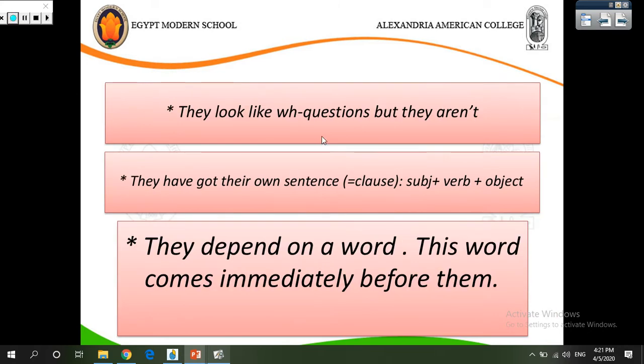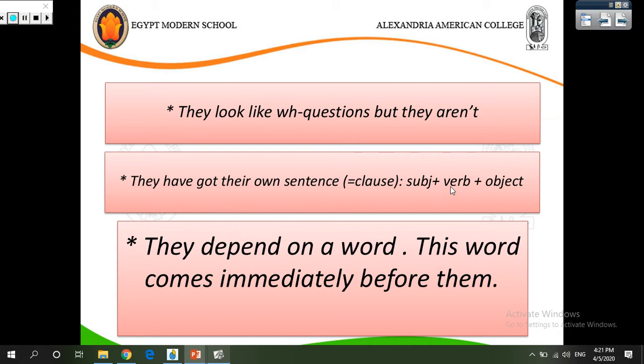Next. They look like WH questions, but they aren't, like what I've just told you. They look like the WH questions, but with other usage here. They have got their own sentence. We call the sentence that comes after a relative pronoun a relative clause.